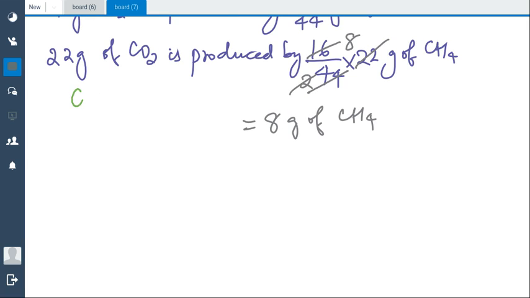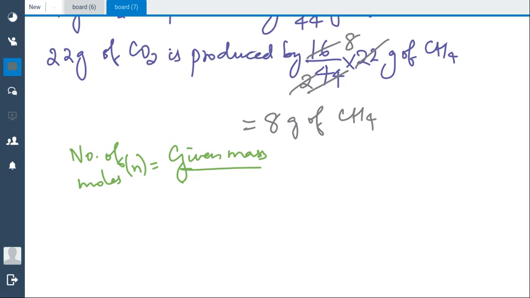So in the last class, I told you an equation. Number of moles n is given mass by molar mass. In short form, you can write number of moles is equal to given mass by molar mass. So now we need to find number of moles.